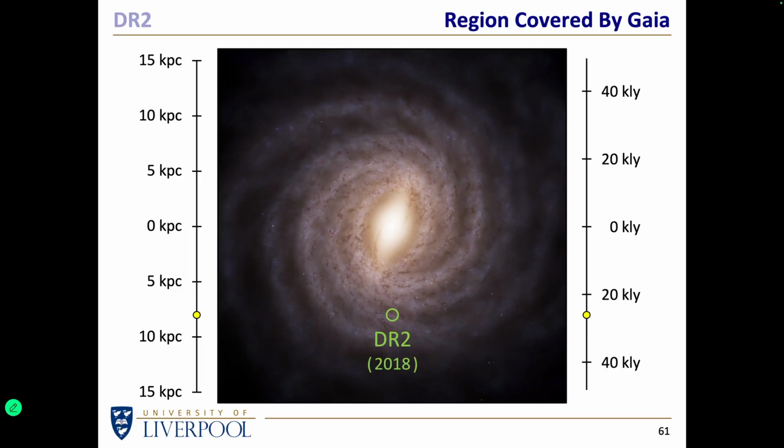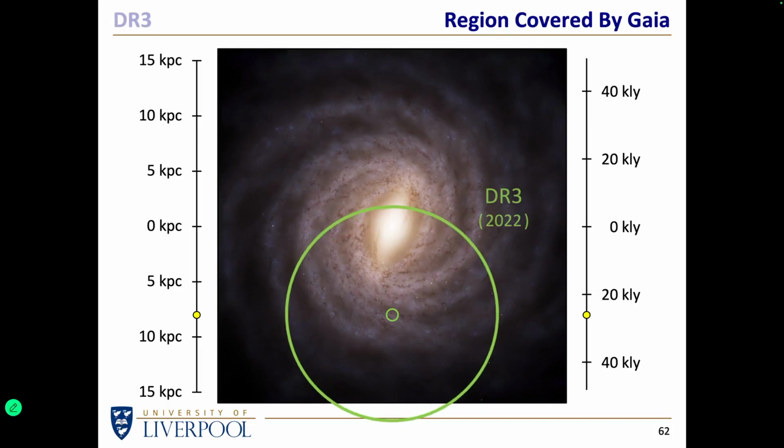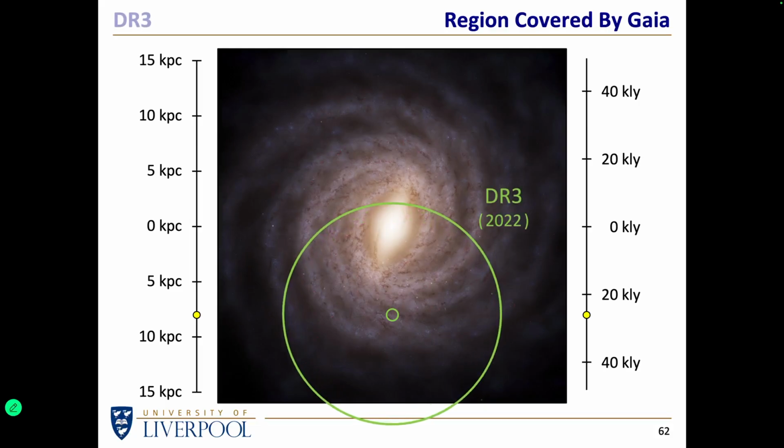Data release 2 in 2018, looking at the first 2 years of Gaia data, was able to measure the distances of stars out to that sort of radius shown by the green circle. Data release 3, 4 years later, extended that distance considerably. So now we are able to get information about stars out to that second green circle.